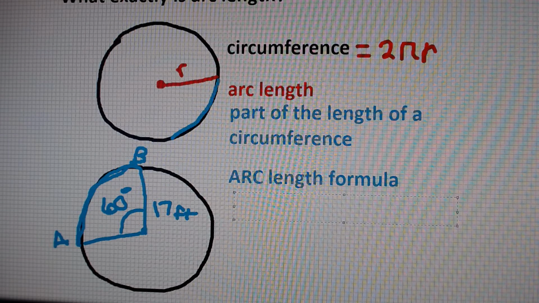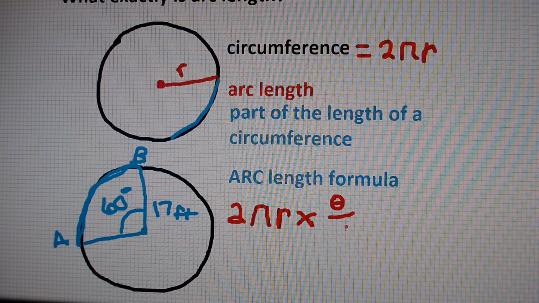So we can use the formula of arc length, which is 2 pi r, and I'm going to multiply that times theta over 360 degrees.